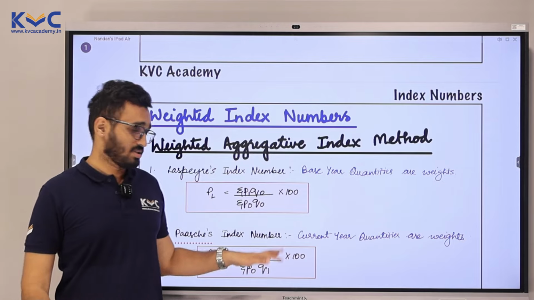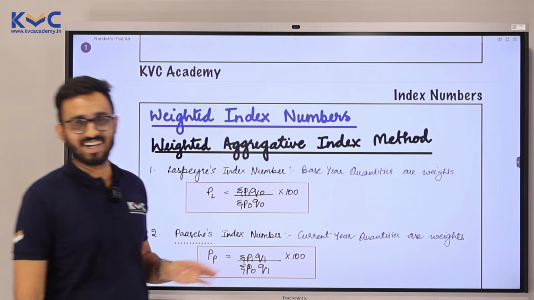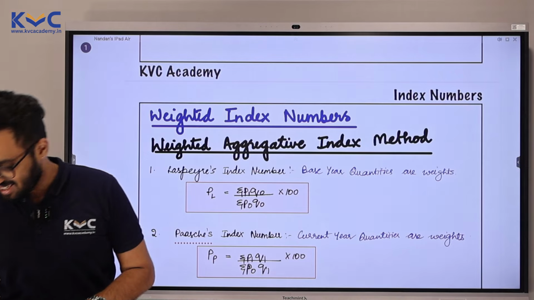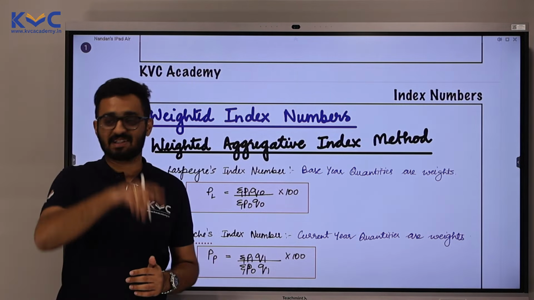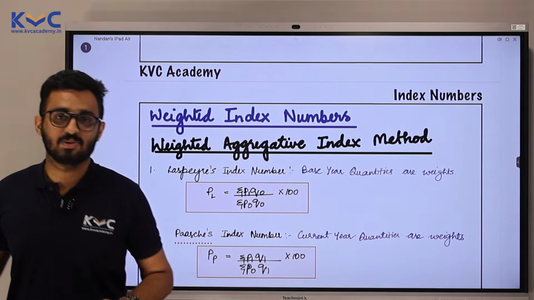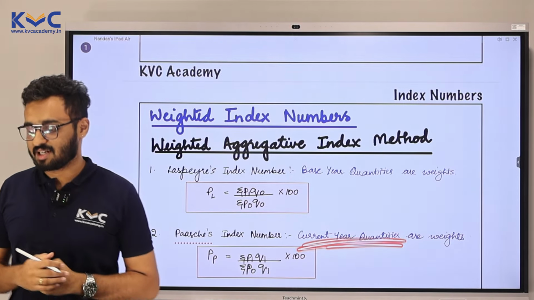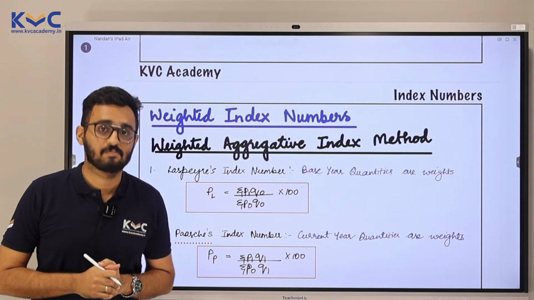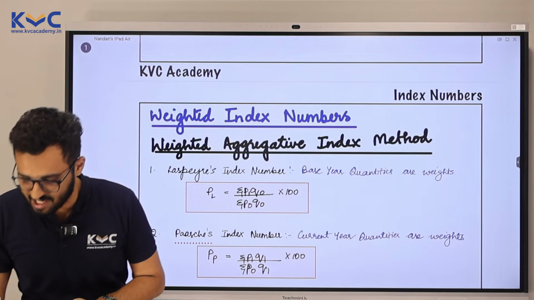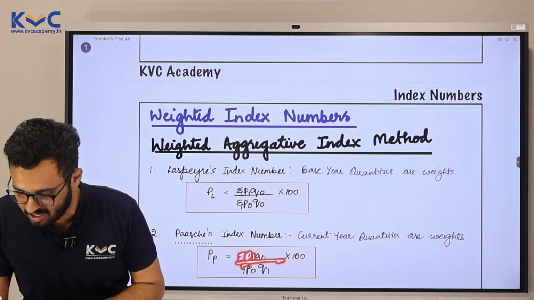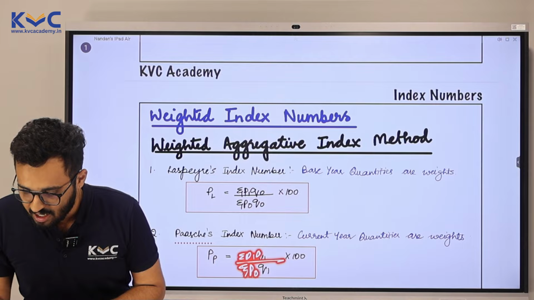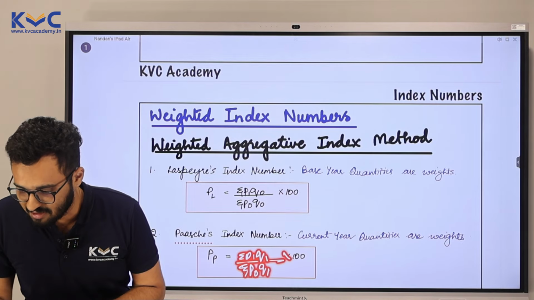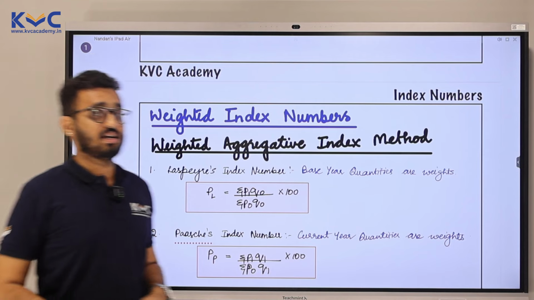Now this gentleman, sorry for using the word guy, told we'll use current year quantities as weights. So that is the only change. That means summation P1 divided by summation P0, then you will have Q1 as the weights both for numerator and denominator.